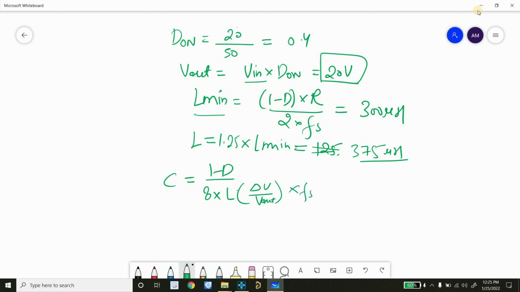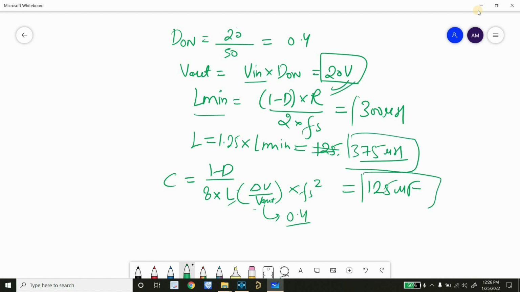If you put in all these values, considering a ripple factor of 0.4, you'll get 125 microfarad. So this is how we got all these three values: the output voltage, the capacitor, and the inductor value.